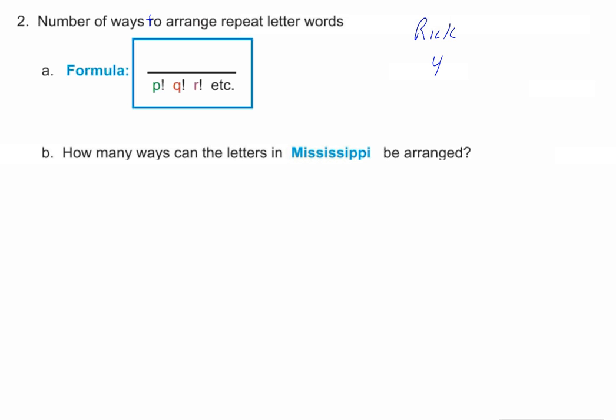And this would simply be 4 factorial. I mean, there's no repeat letters, 4 factorial. But what if you have repeat letters? So then it's still n factorial, the number of letters, but then you divide by the factorials of the repeat letters.